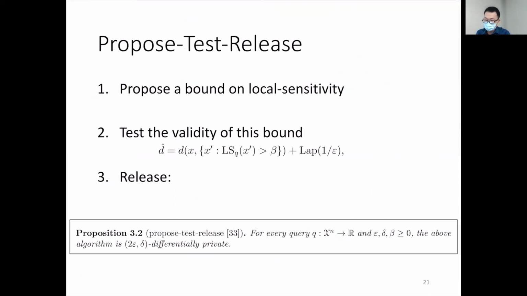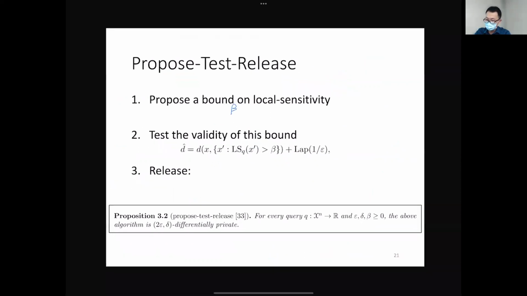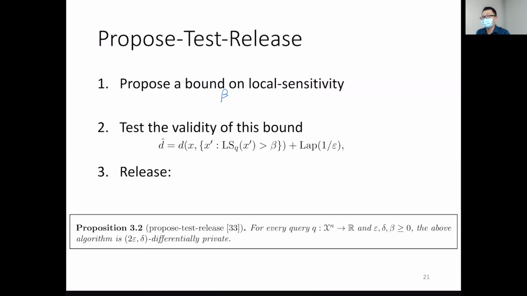Which requires you to first propose a bound, say a bound beta on the local sensitivity. So for some reason you believe that this beta is an upper bound of local sensitivity, because if it is not, then maybe you don't want an answer to begin with, right? So you propose this beta, and the second step is to test the validity of this beta.